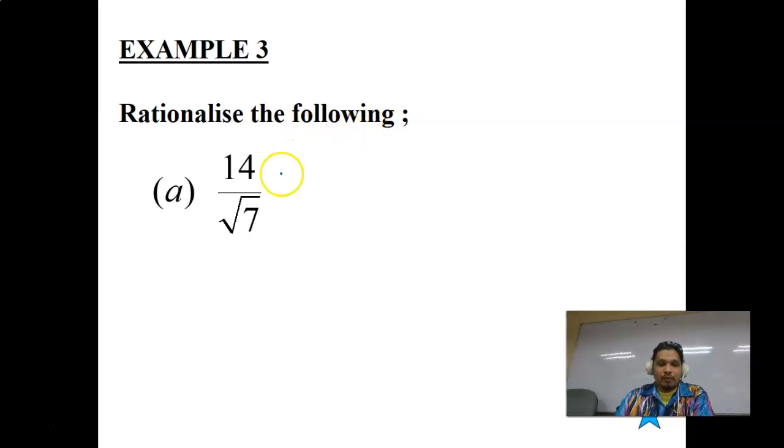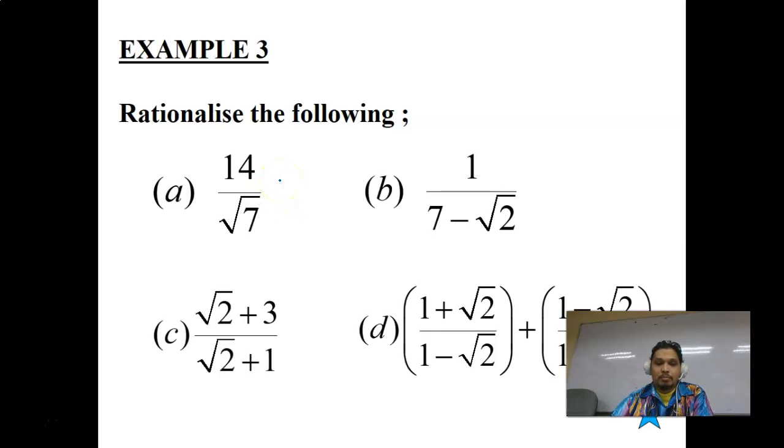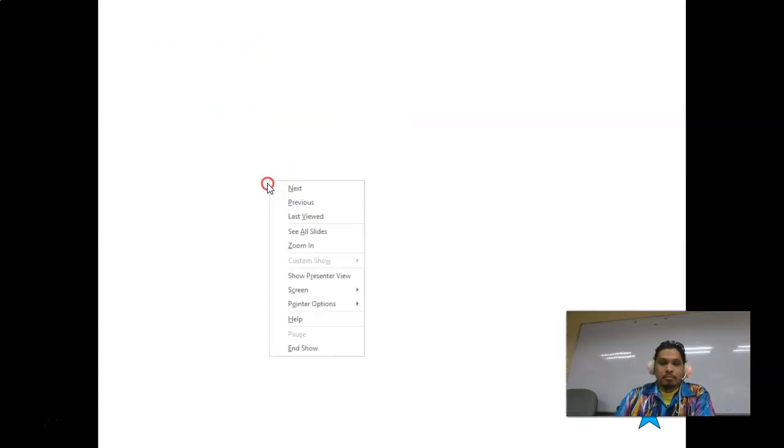Okay, so for a single term like this, for question A, 14 divided by square root of 7, we just multiply by square root of 7 divided by square root of 7, because you only have one expression here.